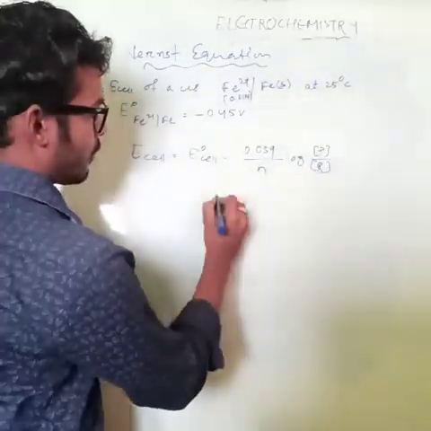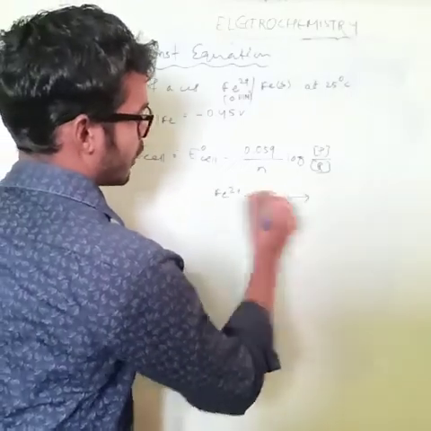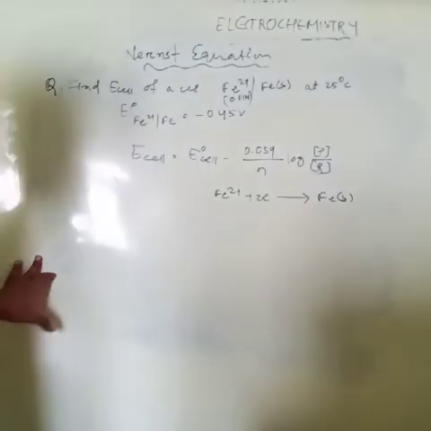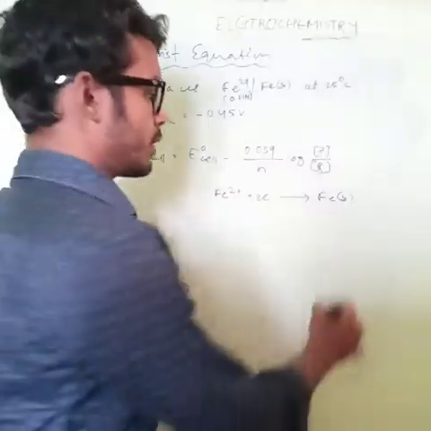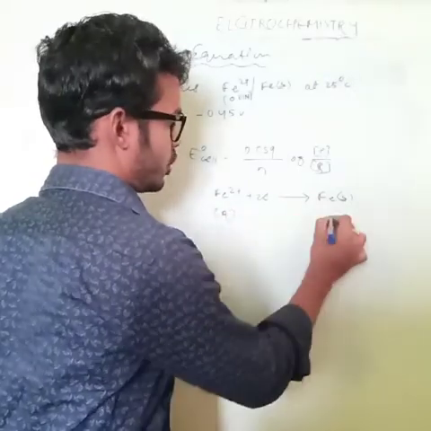So what is the reaction over here? Fe2 plus 2 electron gives Fe solid. So this is your product, and this is your reactant concentration you need to put.